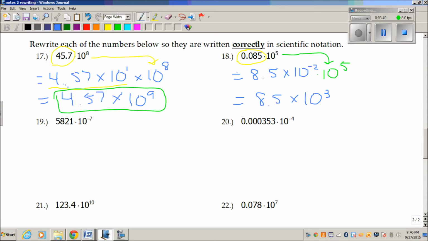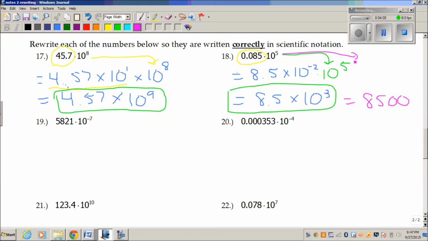And again, this number has to be the same as the original number. And it is. If I put both of these numbers in my calculator, or I rewrite them in standard form, I'll see that they'll both be equal to the same thing. If I write this in standard form, 10 to the 3rd, I'm going to move the decimal 3 places. 1, 2, 3. I'm going to get 8,500. Same thing up here.